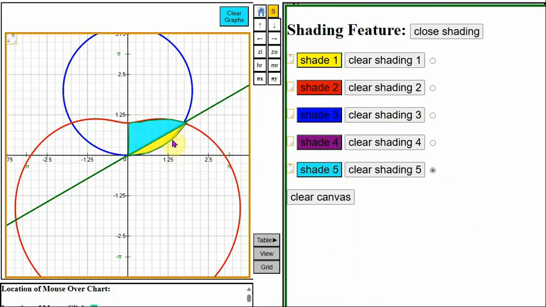So I'm planning to find this area, then find this area, and add them together, and that will give us this part right here.